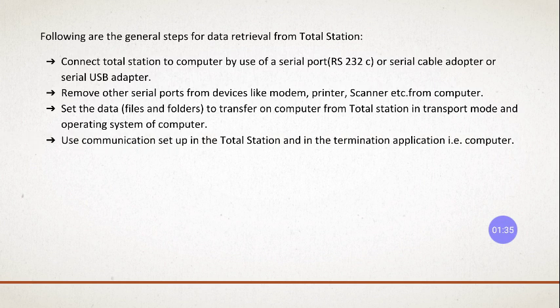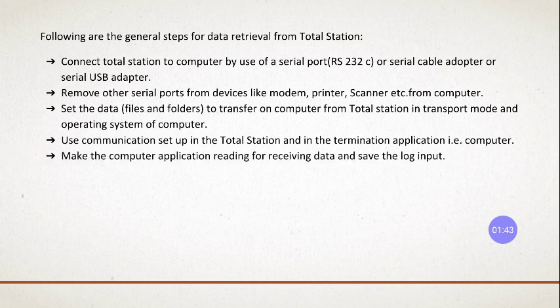Use the communication setup in the total station and a terminal application on the computer. Make the computer application ready for receiving data and save the log inputs. Send the command to the total station for data transportation.